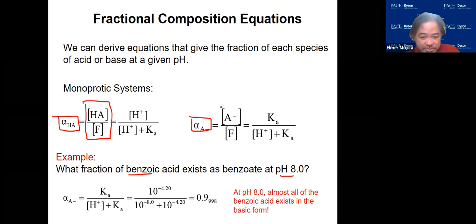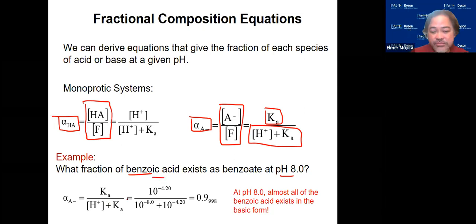Now, if it's in terms of the conjugate base, this is just the Ka over the sum of the H plus and the Ka. So if we're going to apply this to the questions that we have earlier about benzoic acid, all we need to do is put in the values that we have.